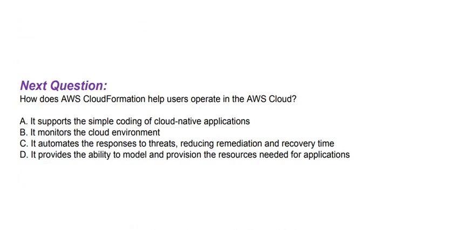Next question is, how does AWS CloudFormation help users operate in the AWS cloud? Option A, it supports the simple coding of cloud-native applications. Option B, it monitors the cloud environment. Option C, it automates the responses to threats, reducing remediation and recovery time.